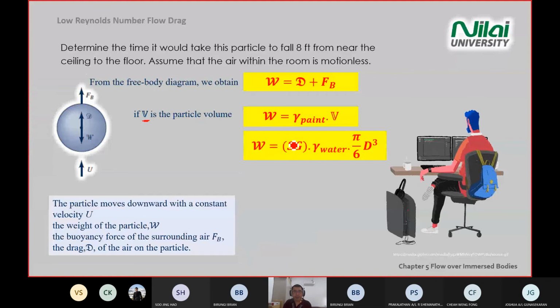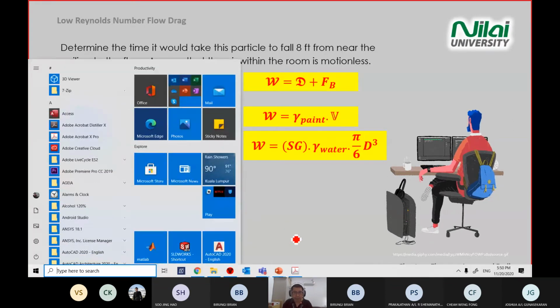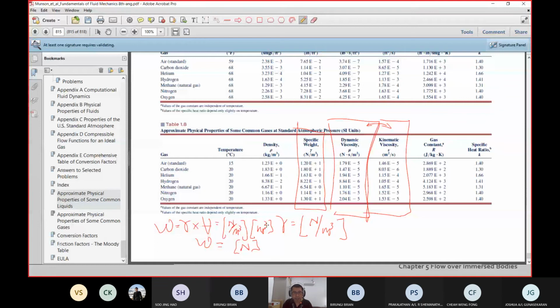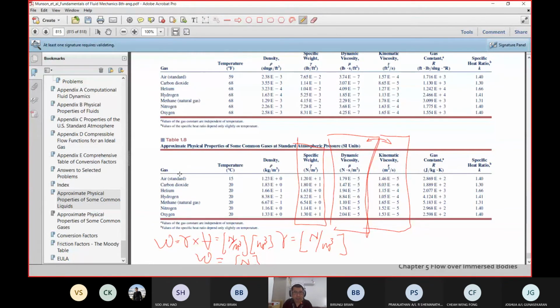Now, how do you convert the specific weight of the paint, because we don't have the specific weight of the paint in table 1.8? In your exam, usually you only have table 1.8. There's no paint here, but you have air, and you have water sometimes.